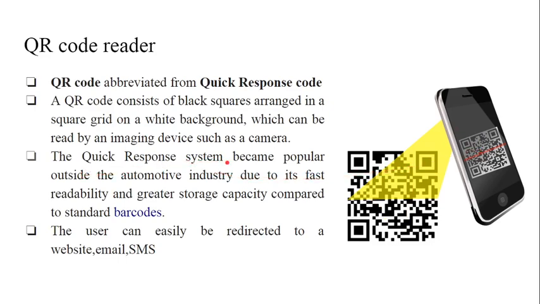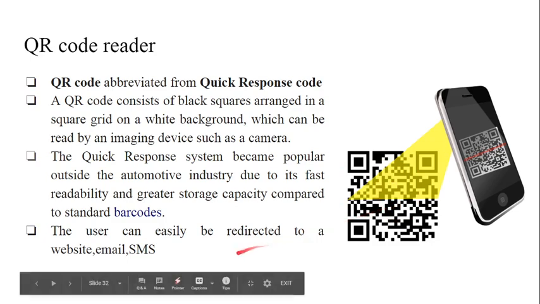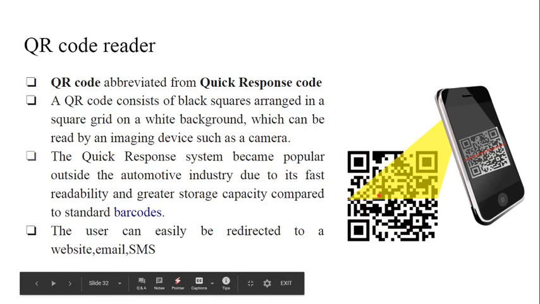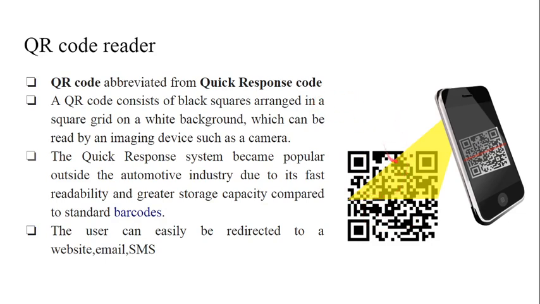The quick response system became popular outside the automotive industry due to its speed, reliability and greater storage capacity compared to that of a standard barcode. These QR codes can easily redirect us to a website, an email or SMS without typing the entire URL of the website. Just by scanning the QR code, it redirects us to the website, email or SMS.